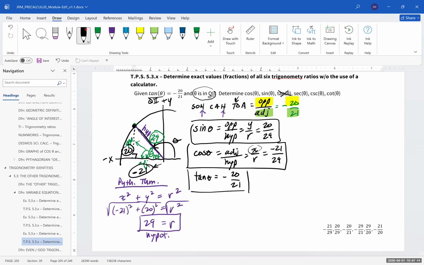All right, now we need the reciprocals. The reciprocal of sine theta is cosecant, and we can just flip numerator and denominator. Cosine, the reciprocal is secant, and we need to keep the negative, but we flip numerator and denominator.